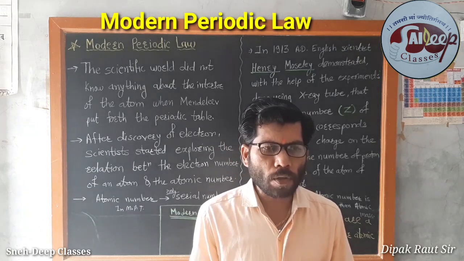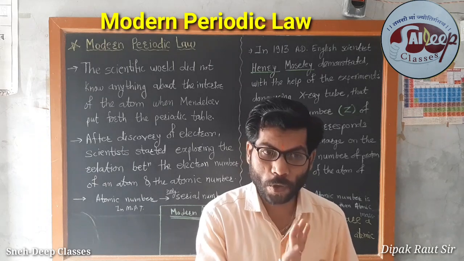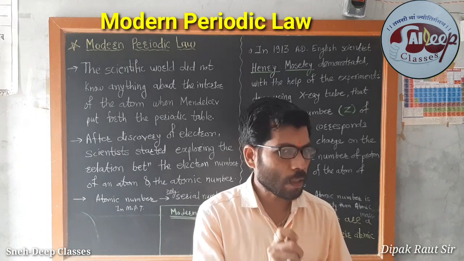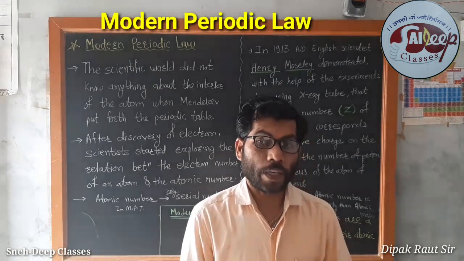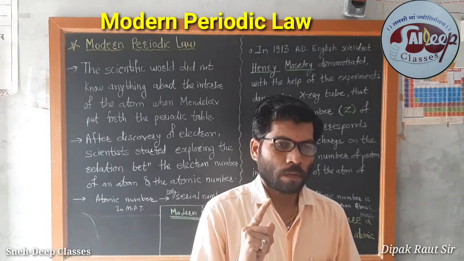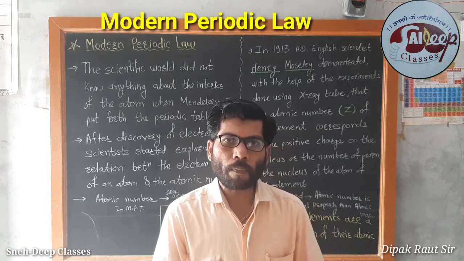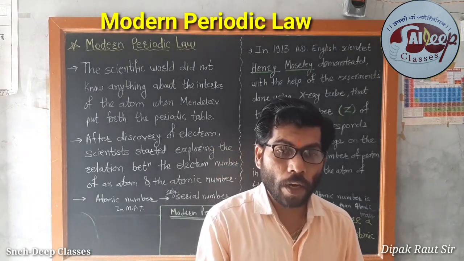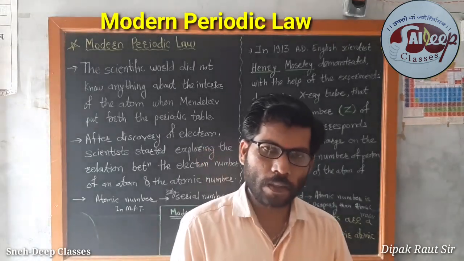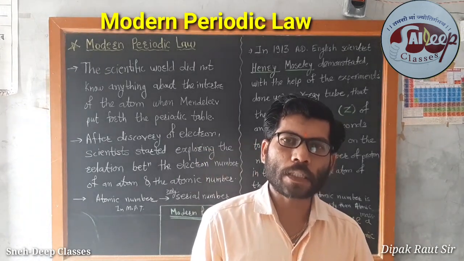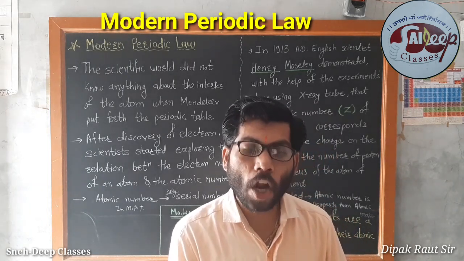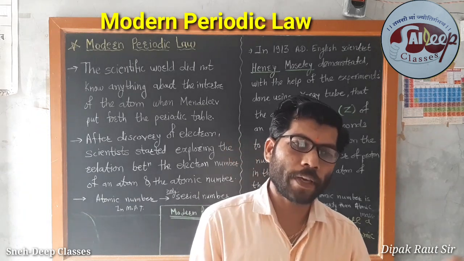Some students say that both laws are the same. No. Attention, listen carefully. What is the difference? In Mendeleev's periodic law, properties of the elements are a periodic function of their atomic masses, and in Henry Moseley's modern periodic law, the properties of the elements are a periodic function of their atomic numbers.